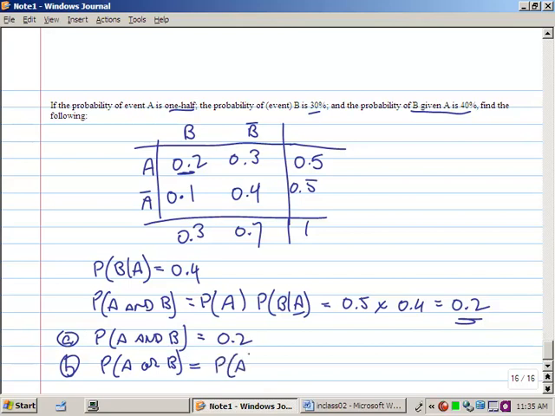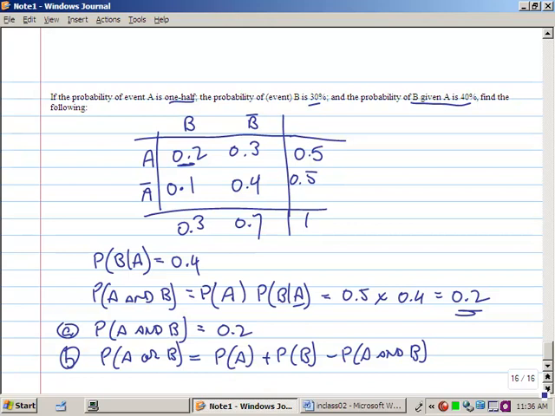So there's the probability of A plus the probability of B minus the probability of A and B. Probability of A is equal to 1/2 plus probability of B, 0.3, minus the overlap A and B, top left hand corner again, 0.2, and that's equal to 0.6. And again from the table, A or B is that.